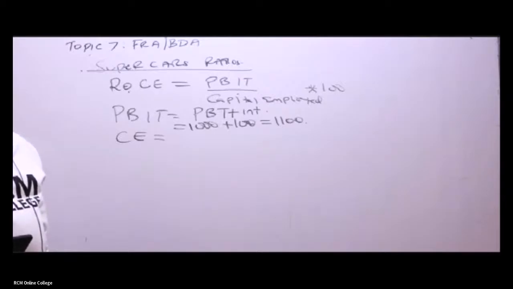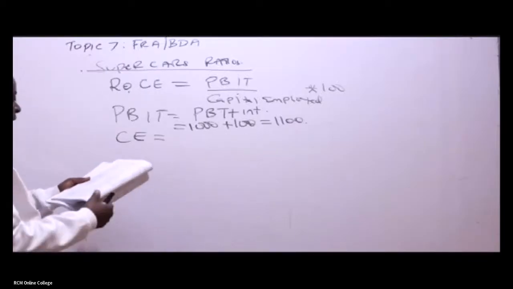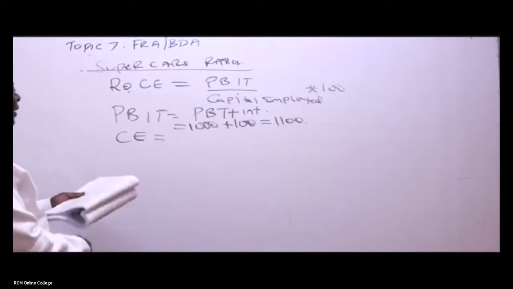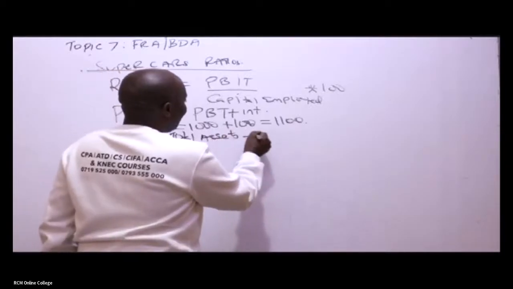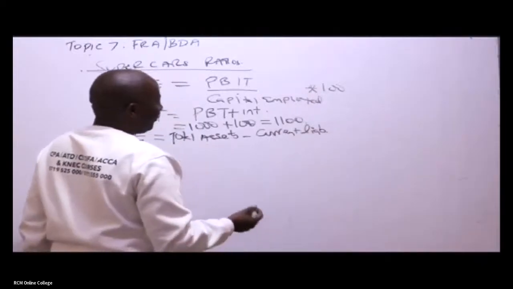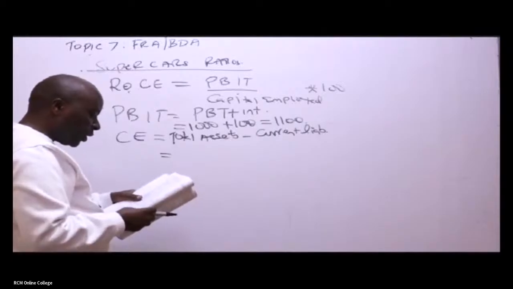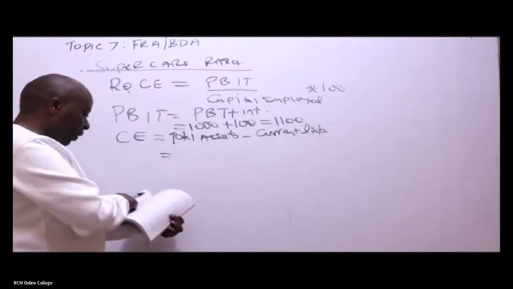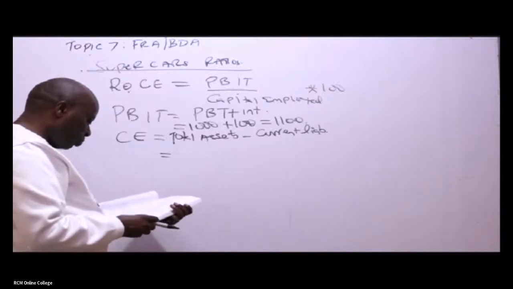So are they able to get these figures? Let's see capital employed. How do we get it? It's very easy. It is total assets minus current liabilities. Are you able to see the total assets for Supercars?